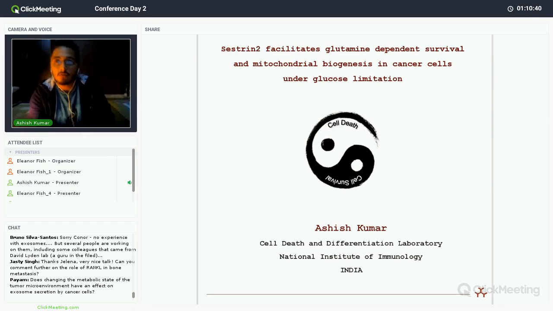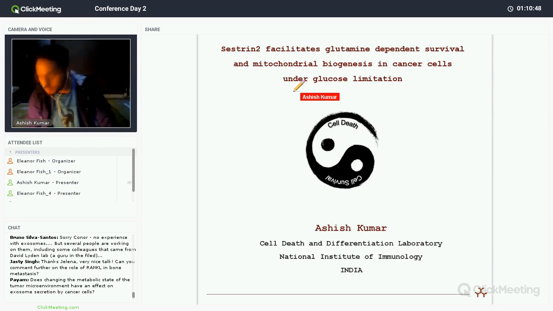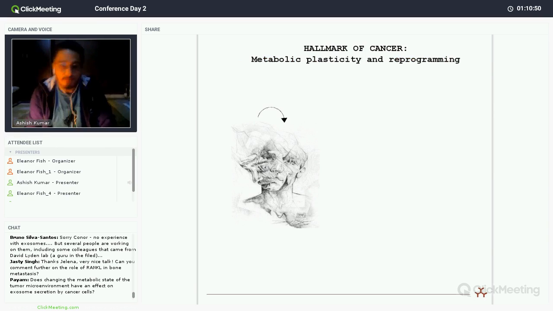While we are talking about these two terms, mitochondria and metabolism, in concern with cancer cells, cancer cells have an ability to reprogram their metabolism in order to survive under harsh or adverse conditions like nutrient deprivation, low pH condition, or hypoxia.